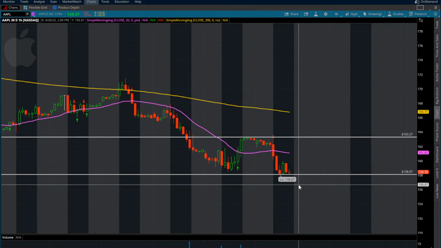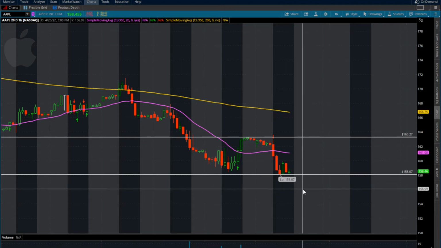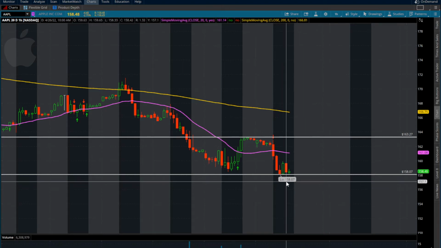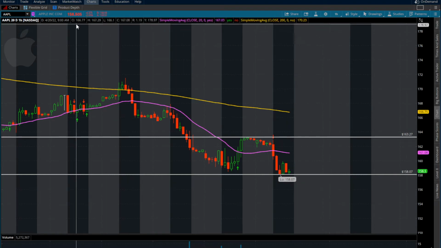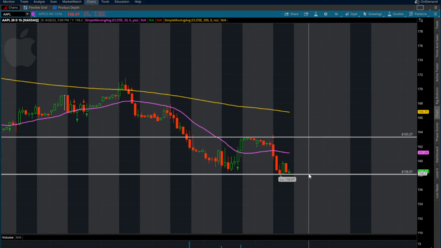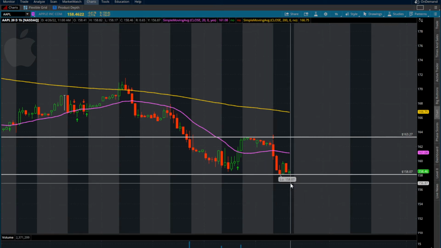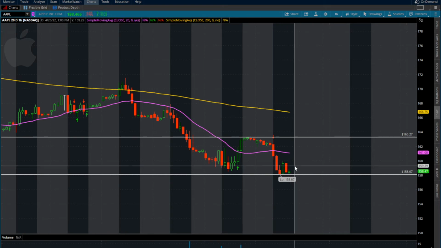So one way you can play a potential bounce, and this is high risk, is to manage your funds accordingly, have a stop loss, and understand how much you're investing and what you're willing to lose on it. For example, we can use $158 as our stop. The stock is currently trading at $158.50. What does that tell you? That if Apple maintains holding 158, we go ahead and get long and sit in this trade.